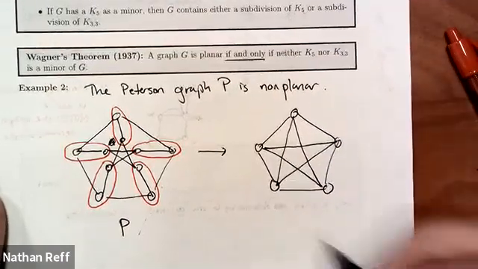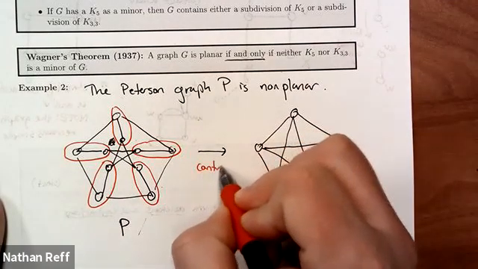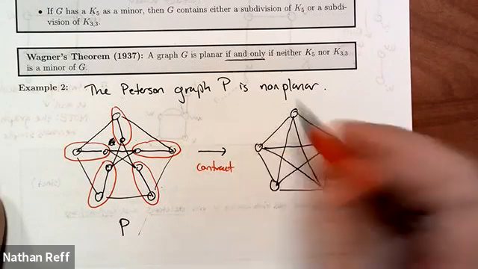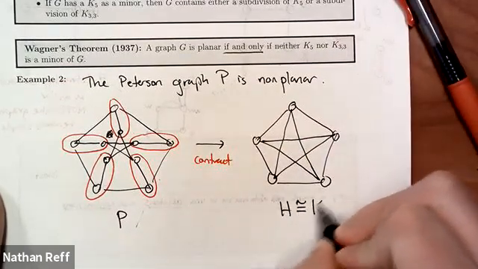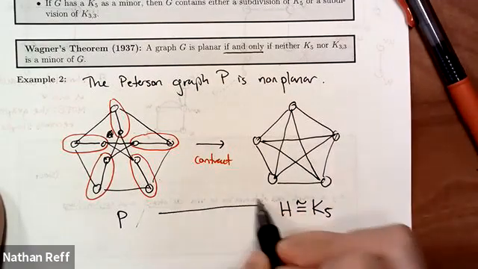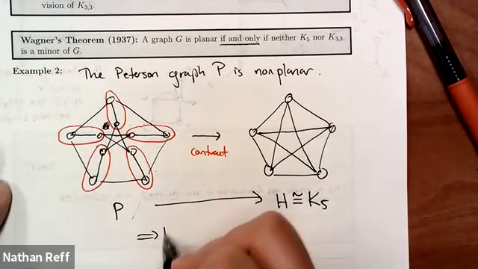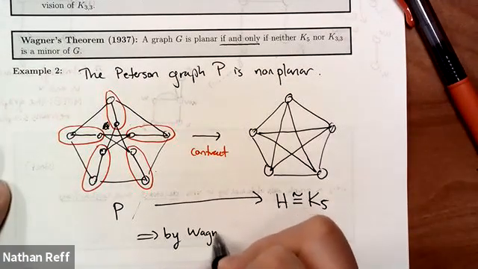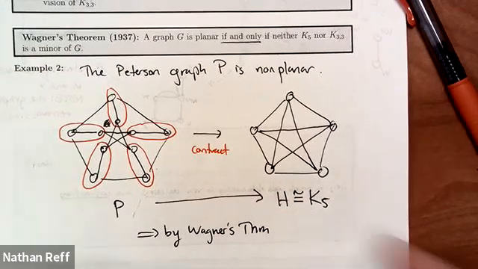Does everyone agree that if you contract, you will get this, which is isomorphic to K5? Okay. And therefore, by Wagner's theorem, this right here is now a minor.